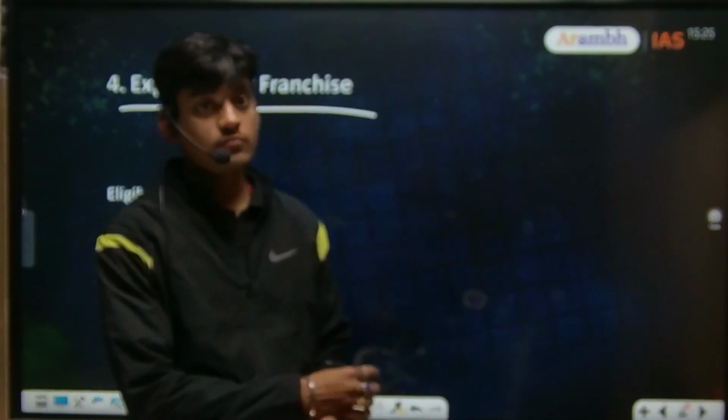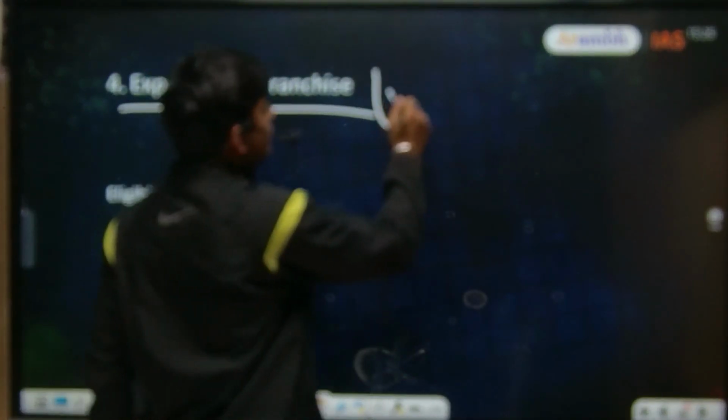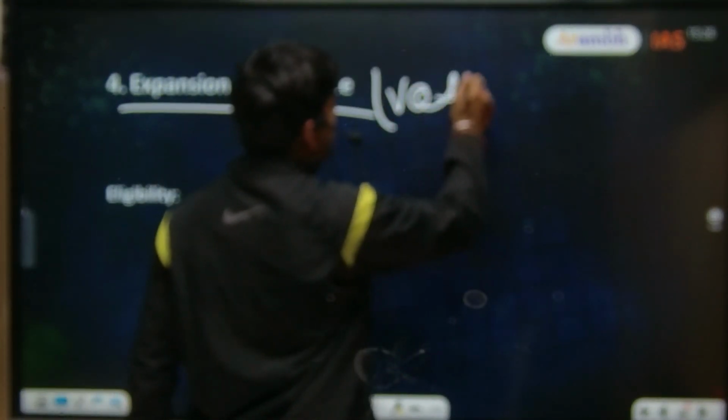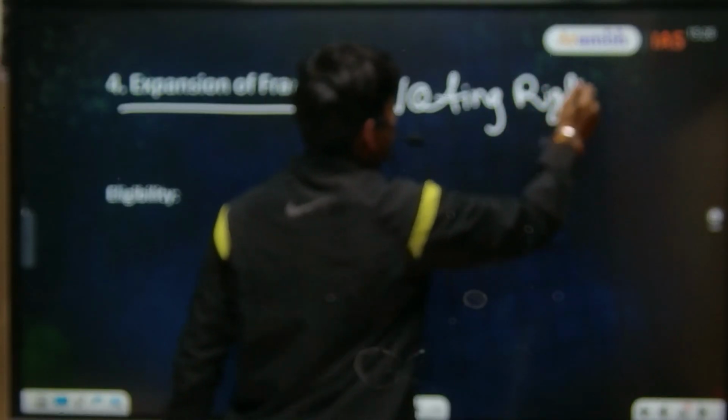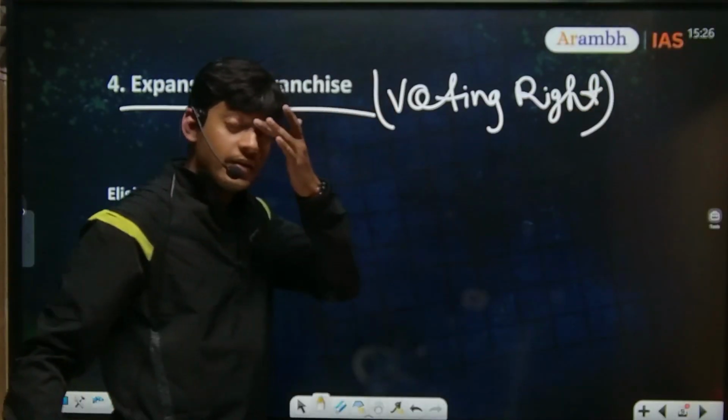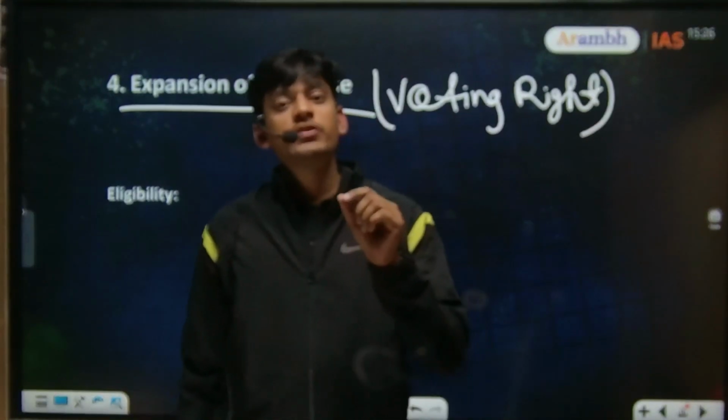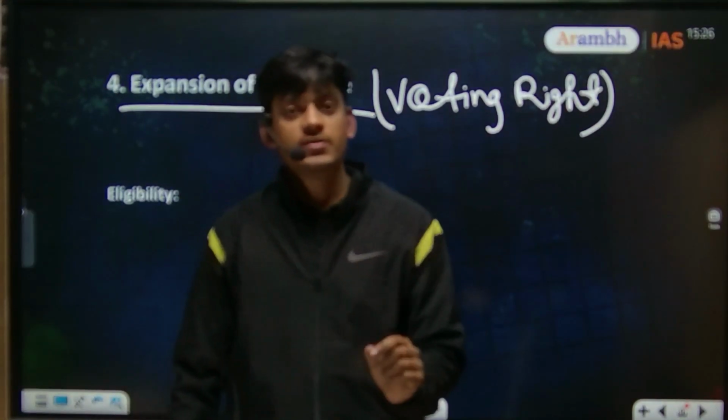So now we will move to the fourth point. Expansion of franchise. That is voting right. Before 1919, only 1% of Indians could vote.